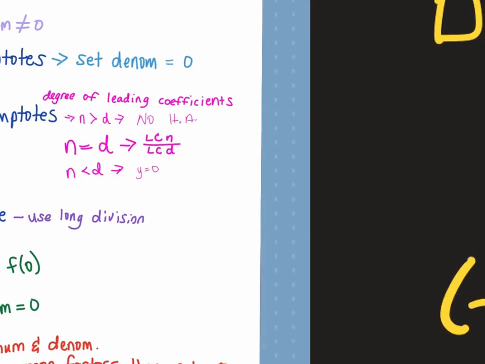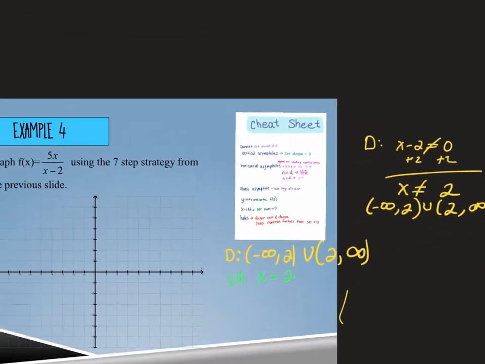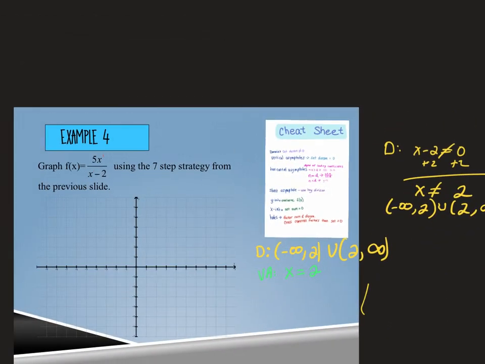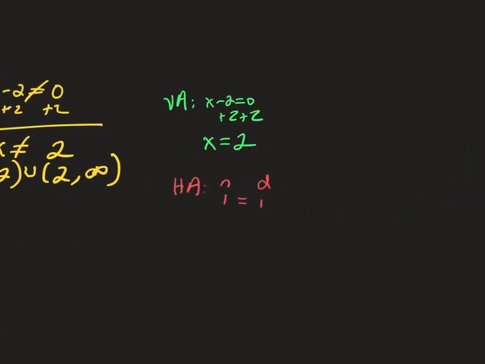If the degrees are the same, you take the leading coefficient of the numerator, which is 5, and the leading coefficient of the denominator, which is 1. So you would say y equals 5 over 1, which is the same as y equals 5.